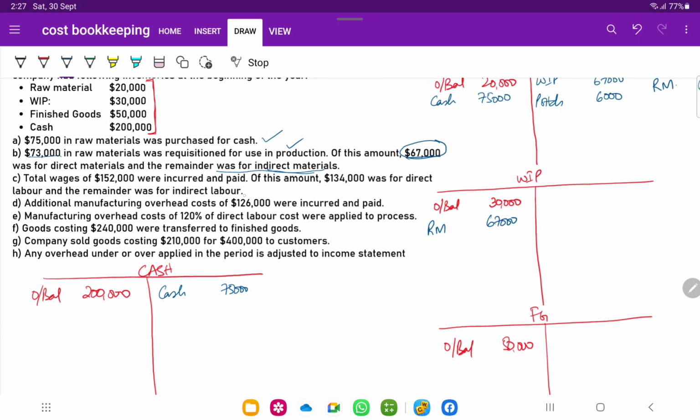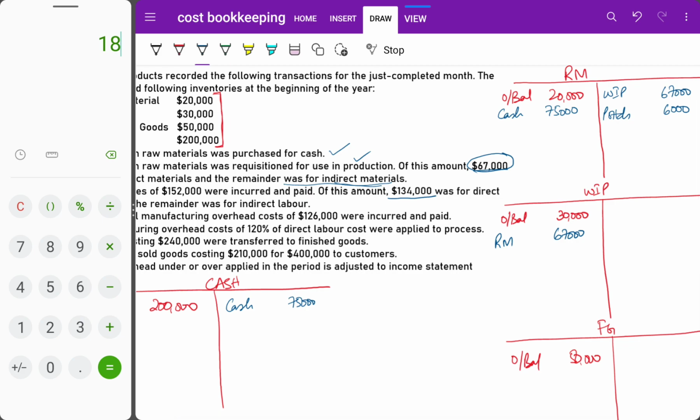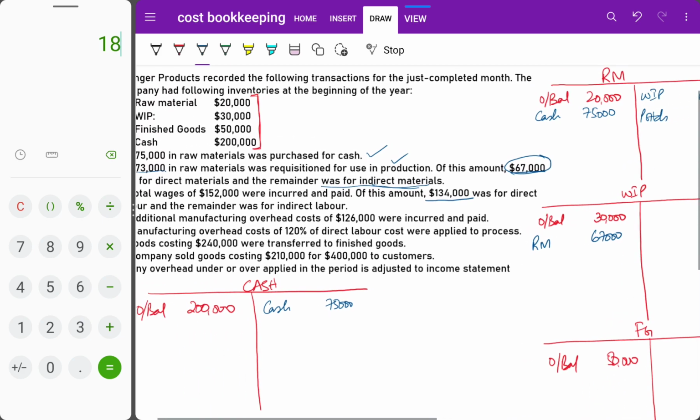So what's next? Indirect wages, 134 direct wages, and I think 152 minus 134. Let me check. 152,000 minus 134,000 is 18,000, right? So 18,000 is for indirect labor.